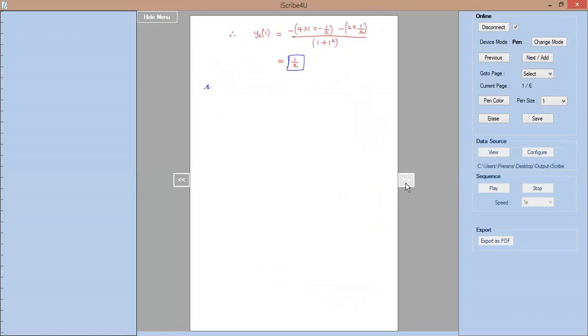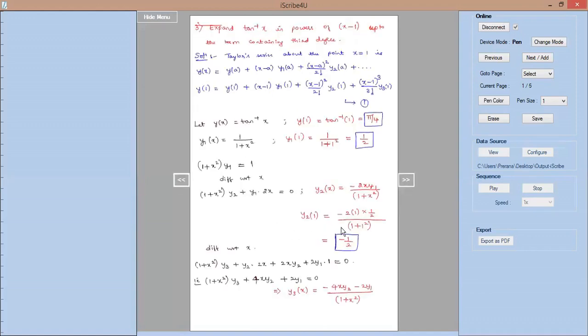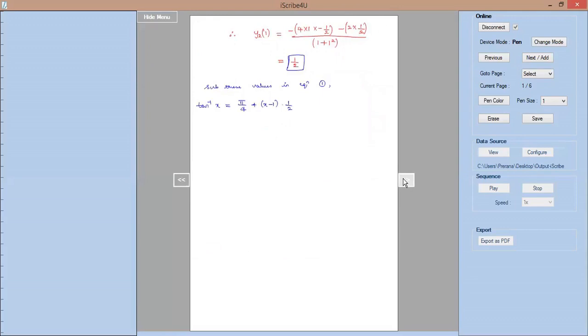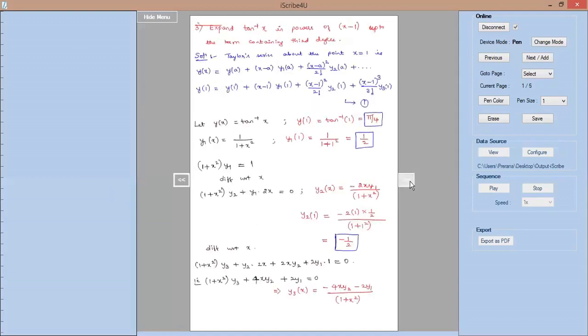So substituting these values in equation 1, tan inverse x is equal to, the first term will be pi by 4 plus x minus 1 into 1 by 2, because y1 of 1 is 1 by 2, plus x minus 1 whole square divided by 2 factorial into y2. y2 is minus 1 by 2.